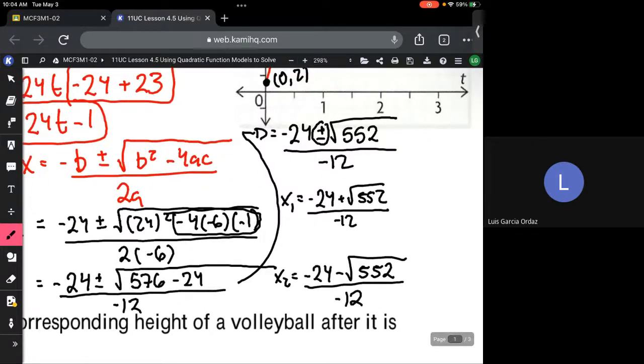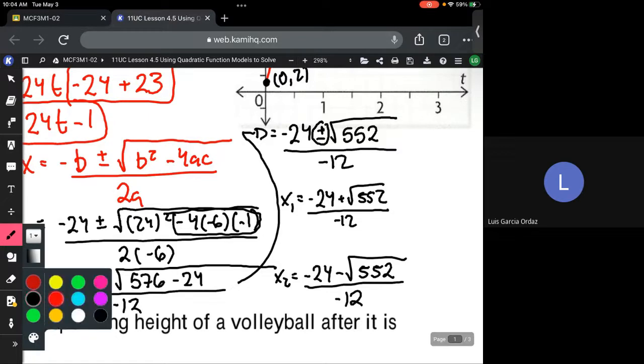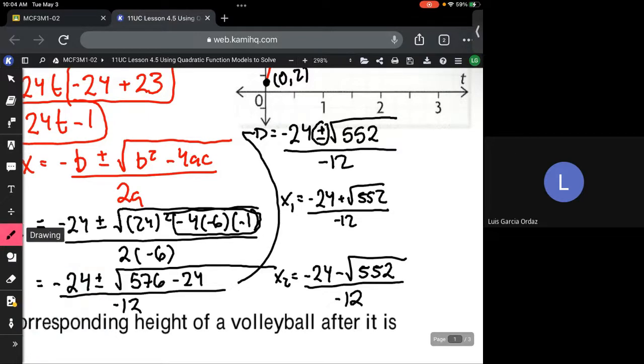All right. So can someone do the first answer for me? Negative 24 plus the square root of 552, all divided by negative 12. 0.04.